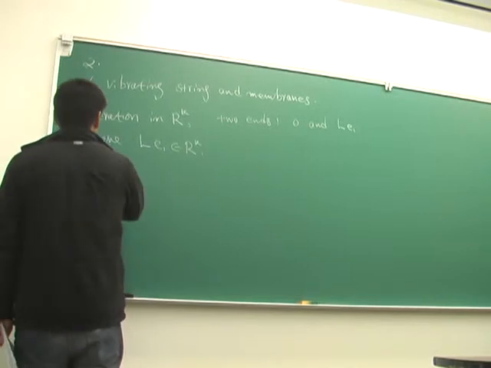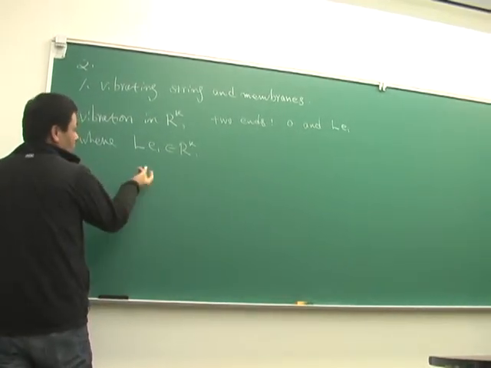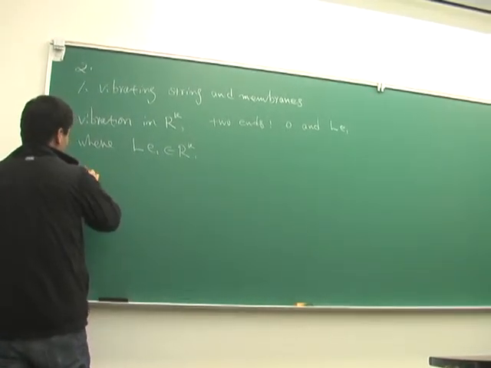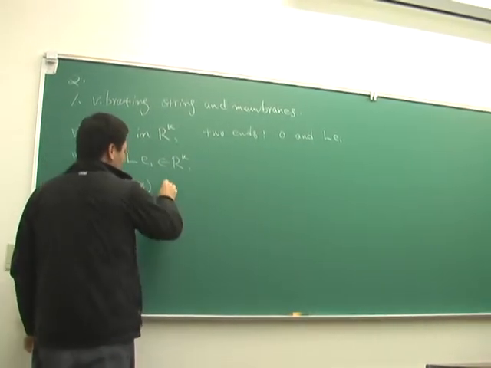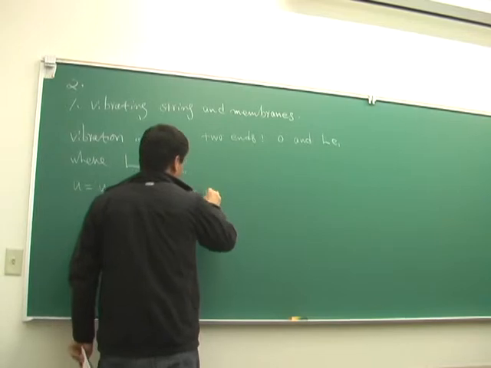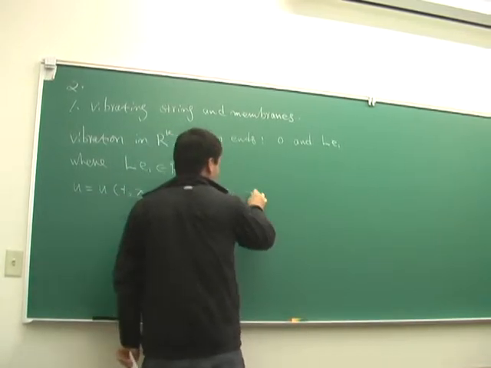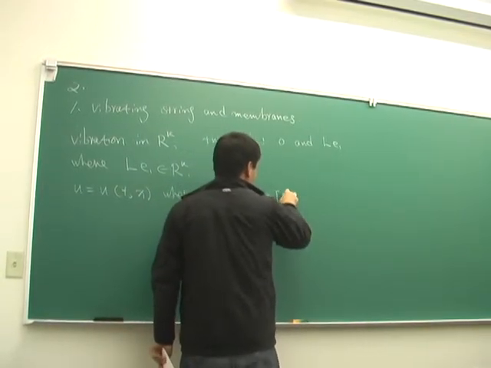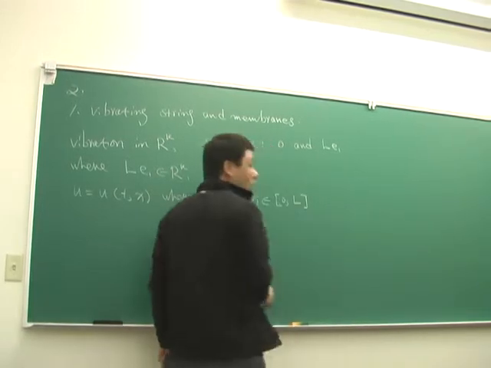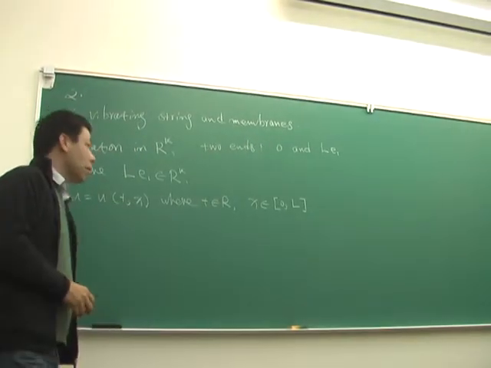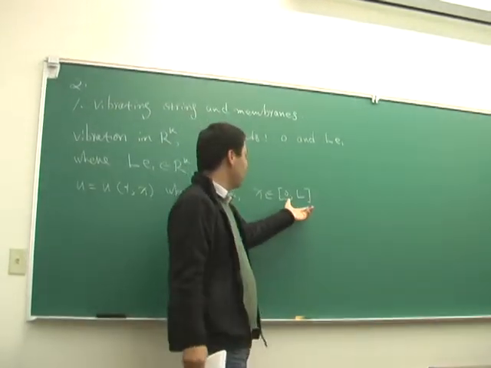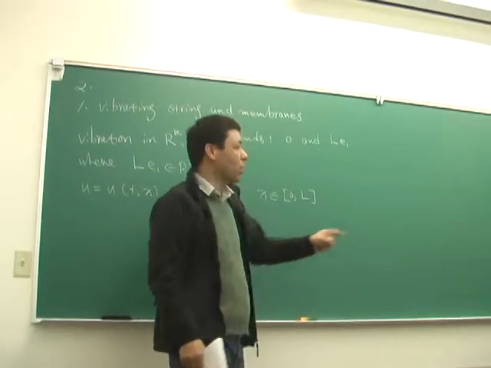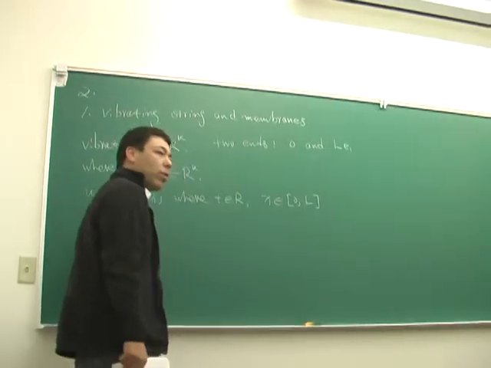And then our vibration or displacement is controlled by the function u(t,x), where t is the time in R, and x is in the interval from 0 to L. What I can see from here is that this is a scalar, and we are looking at the one directional component of the vector in R^k.